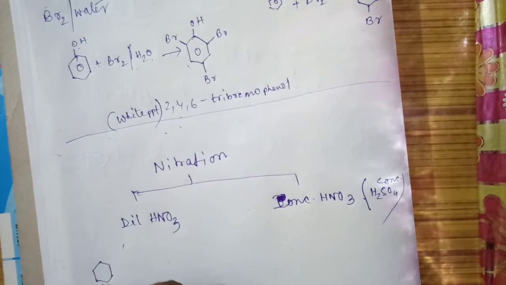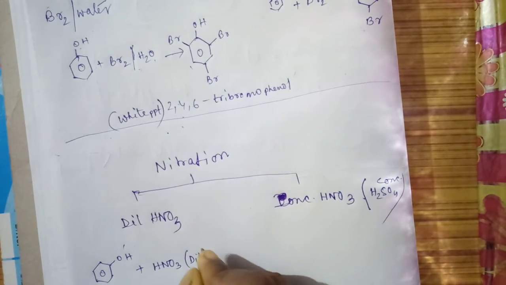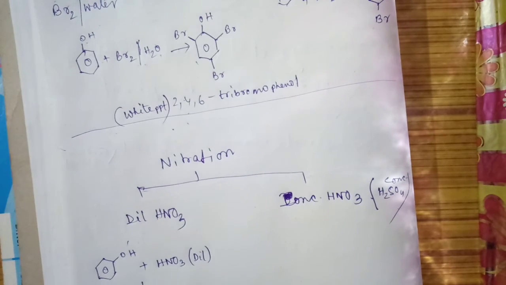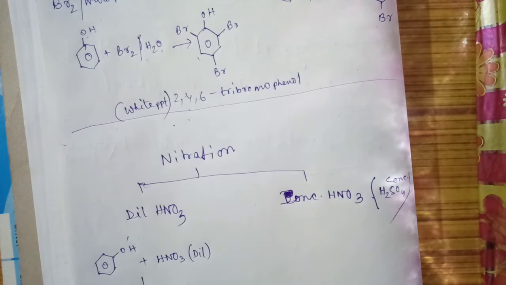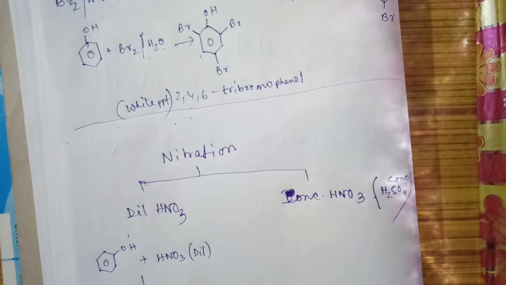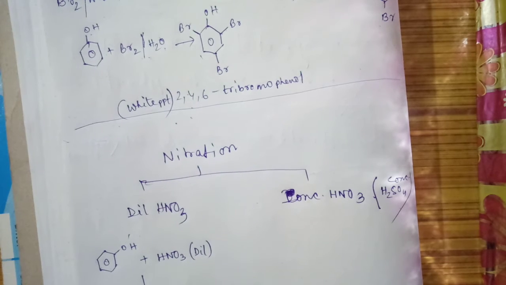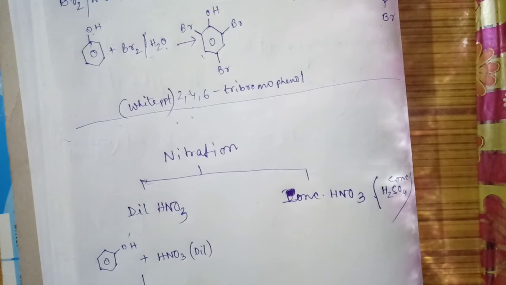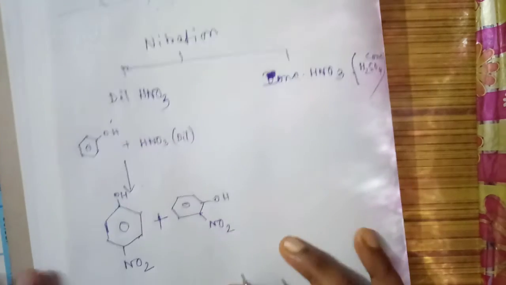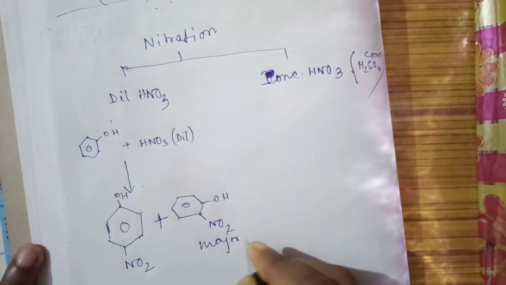Similarly, phenol plus dilute nitric acid, the product will be only a mono product, that means either paranitrophenol or orthonitrophenol, in which orthonitrophenol is the major product.